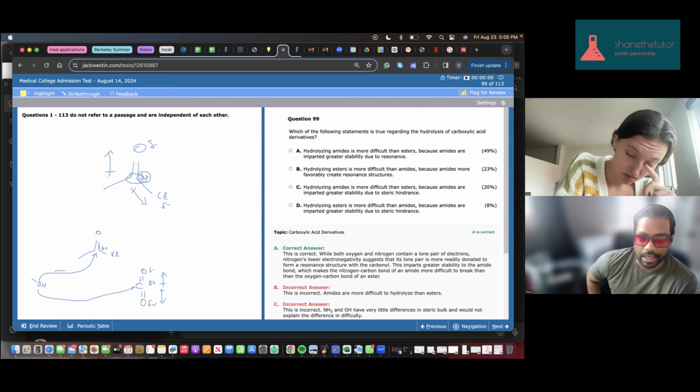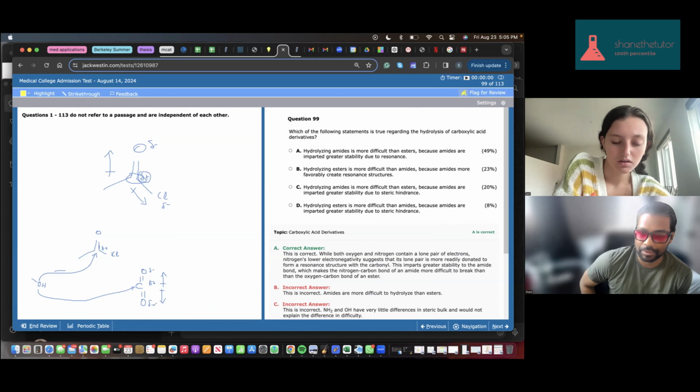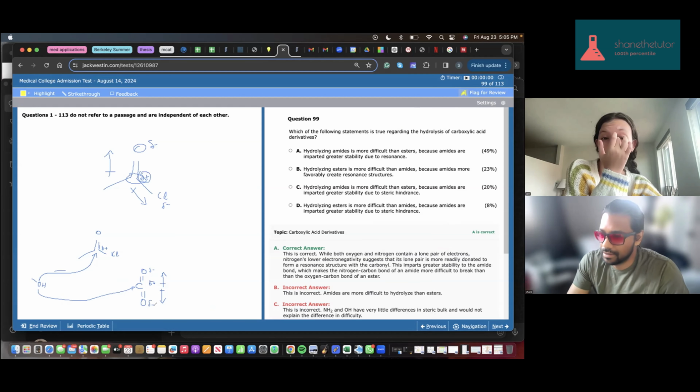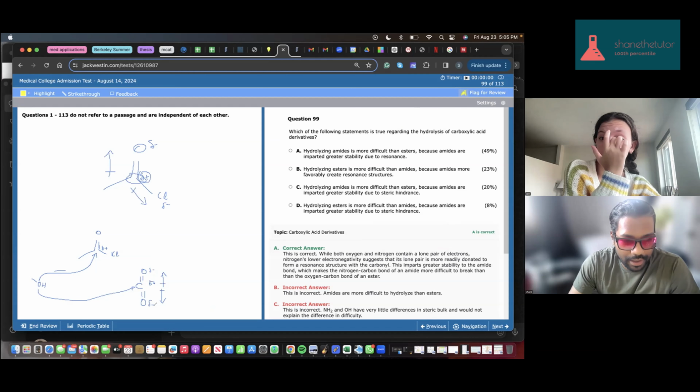And if it's more reactive, it's less stable, right? And that's similar for an ester, because this one is going this way and this goes this way too, right?